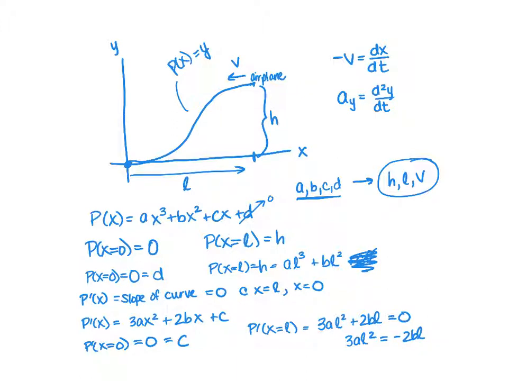I can actually solve for a in terms of b. And that will get rid of one of my variables. And so I can take this and put it up here for a, and then I could figure out what b is. And so I'm going to do that in the next slide.